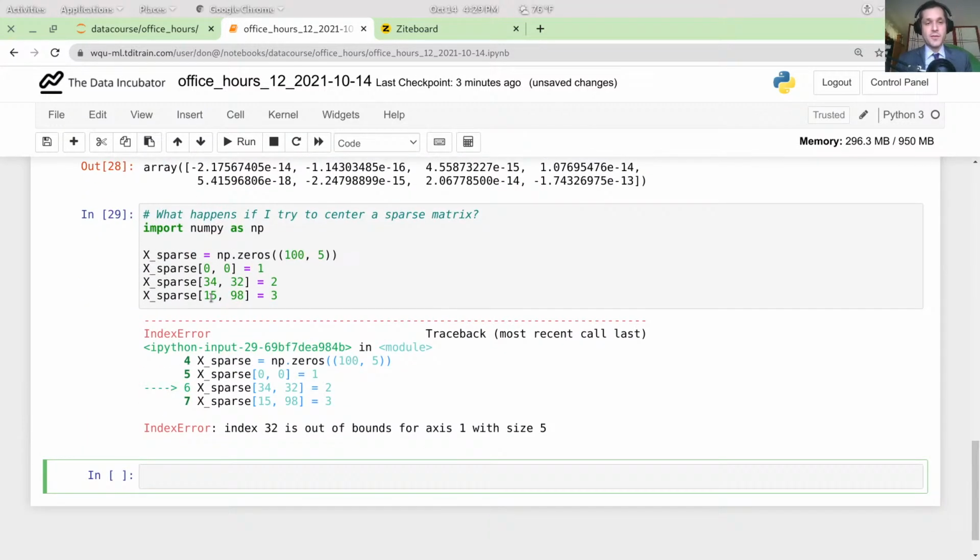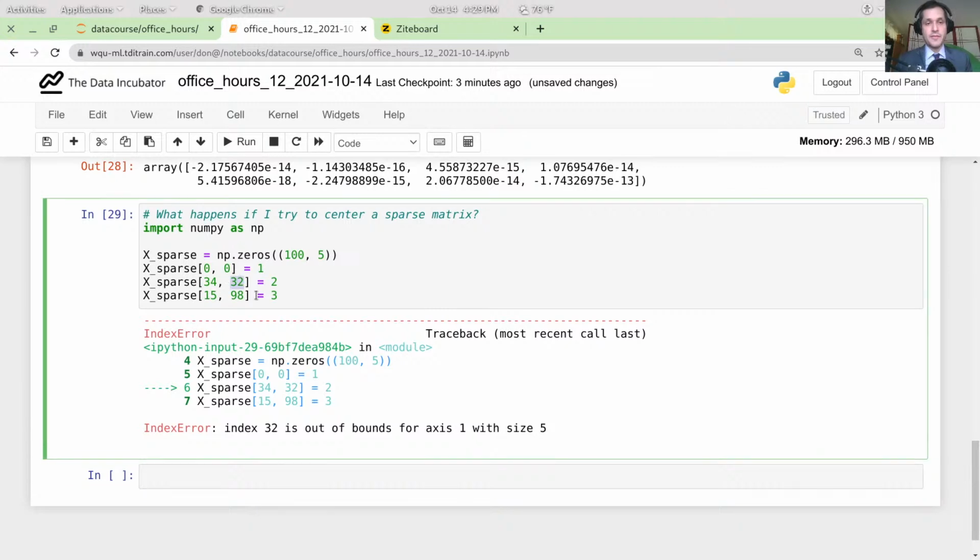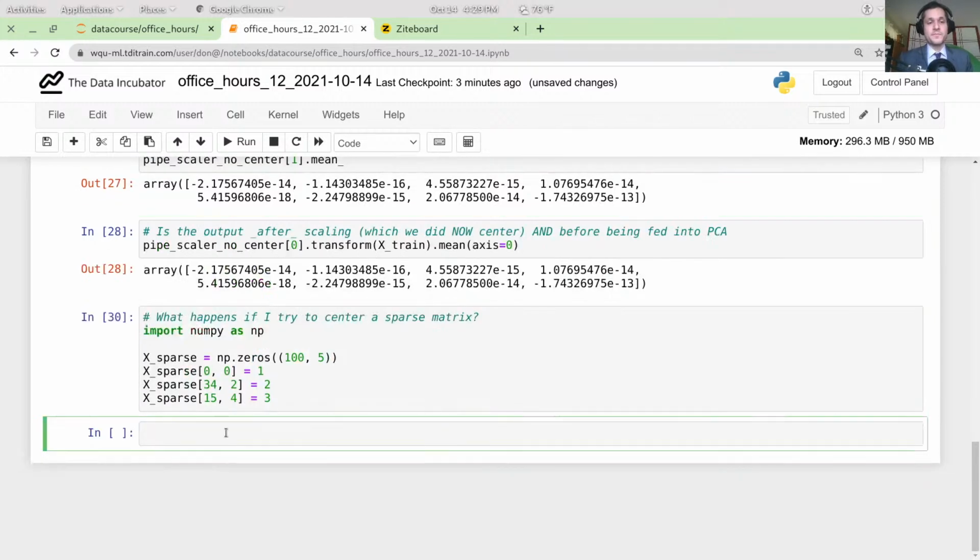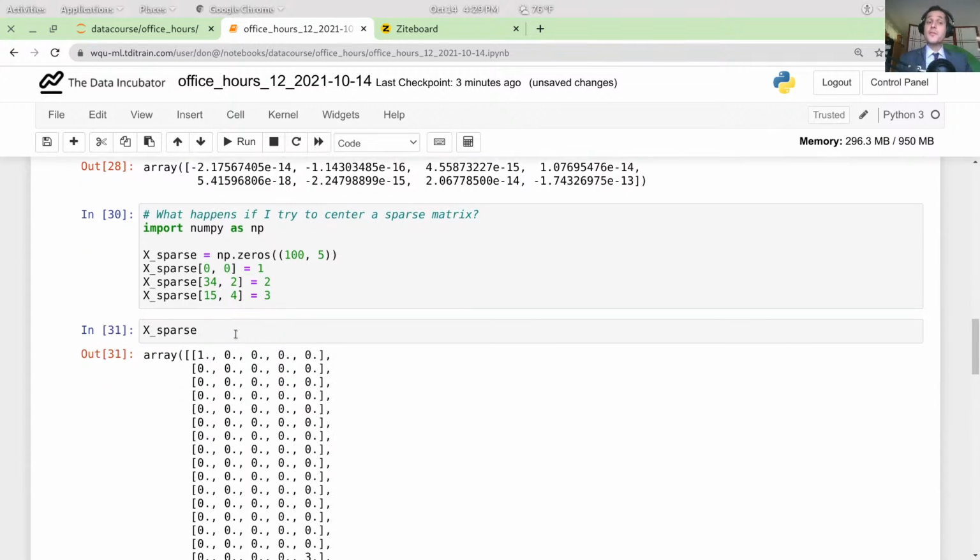I get an index error. Oh yeah, of course, because only 5 columns. 2 and 4. So I have this NumPy array, and I'm going to convert it to a sparse matrix. And let's see if I know how to do that.